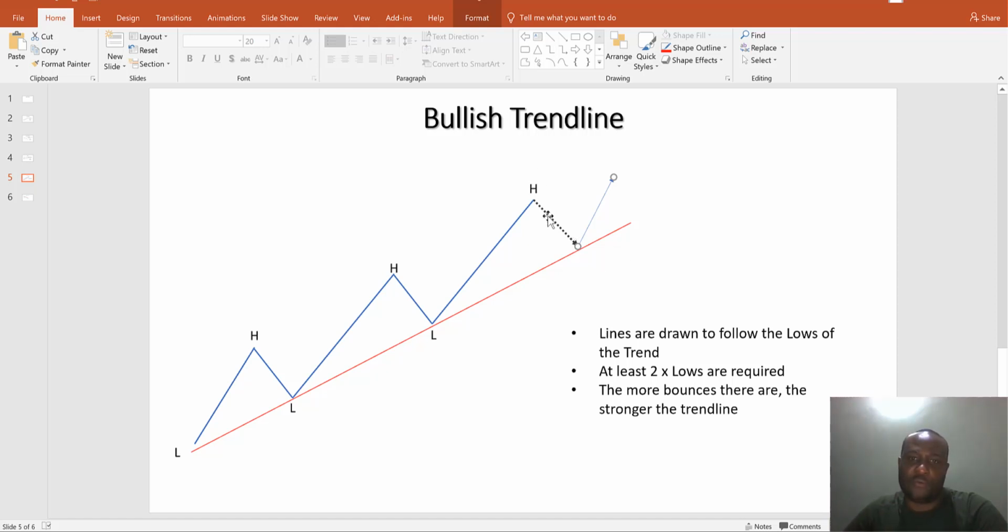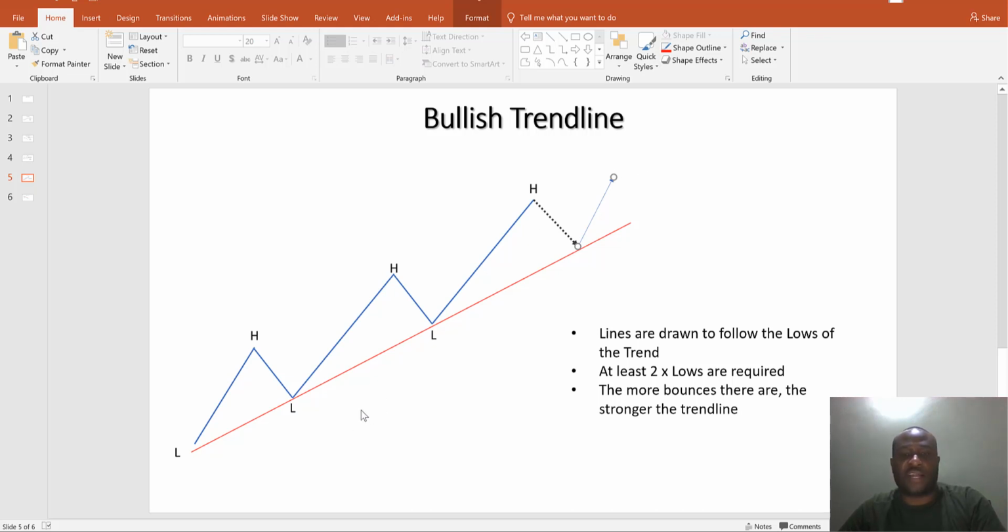In this example, we expect price to come back down, make a new high, and then reverse and continue to go up. And when price starts to go up, then we can buy, and as the value of the asset increases, we will make money.